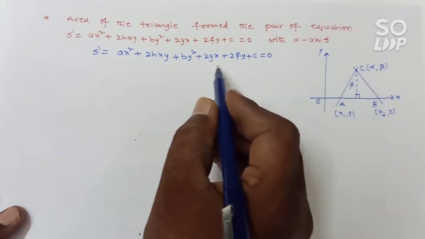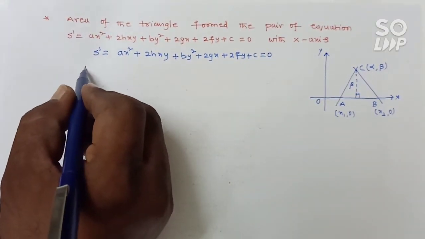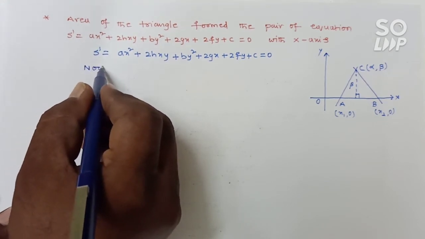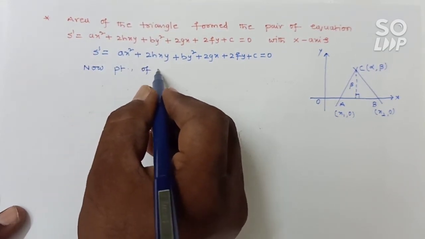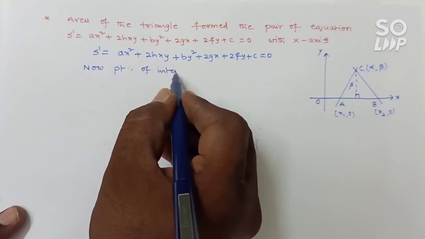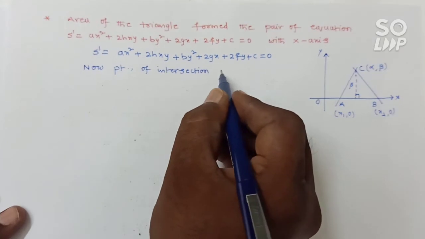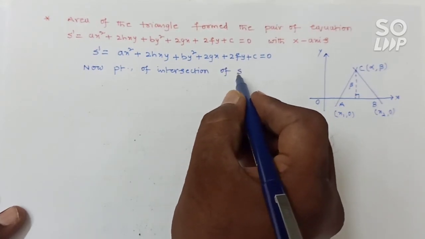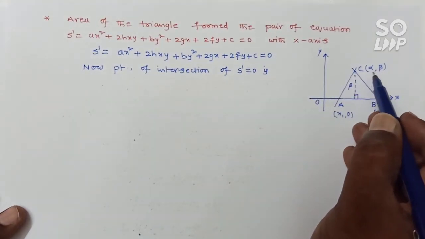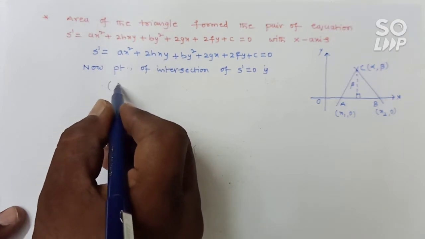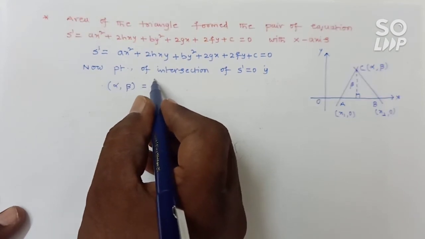You know, the point of intersection of s dash is equals to 0. Now, point of intersection of s dash is equals to 0 you consider as alpha comma beta. Alpha comma beta is equals to, you know, this expression has two types.